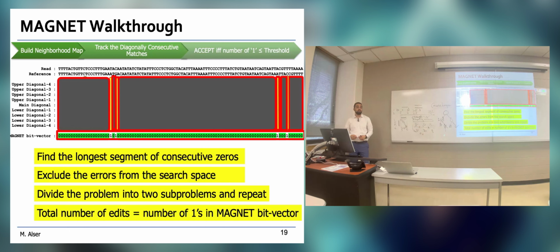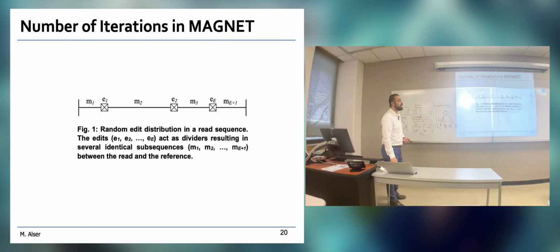That would be the number of iterations that we should maintain in MAGNET, how many subproblems. And this would give you directly the depth of the tree. So how many levels we should go with the tree in order to solve this, okay? And that gives you some sense of the complexity of the MAGNET algorithm.